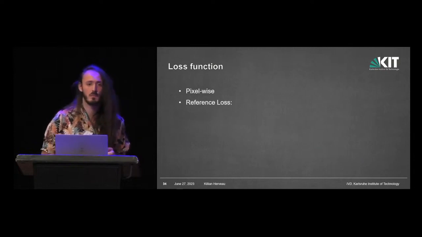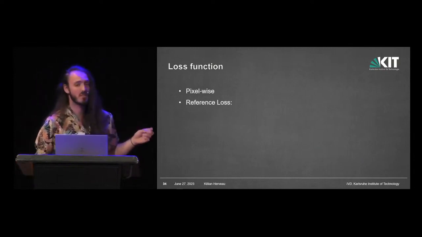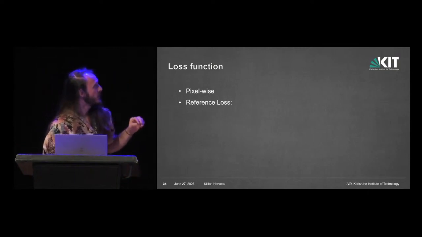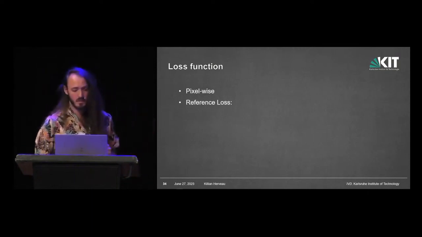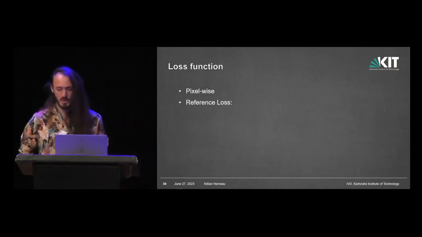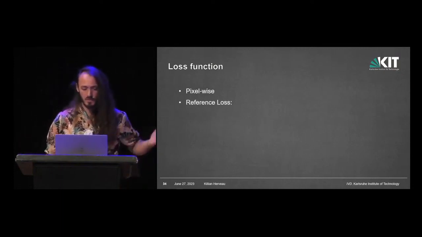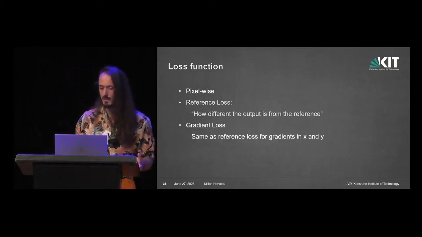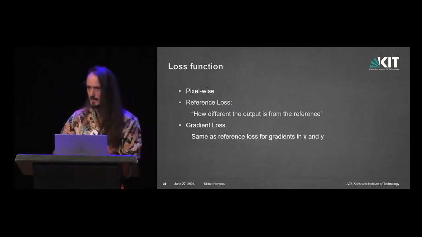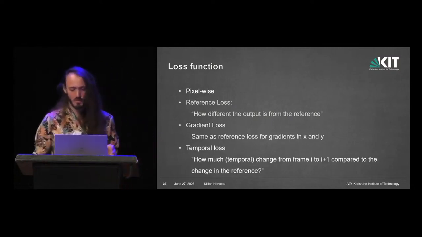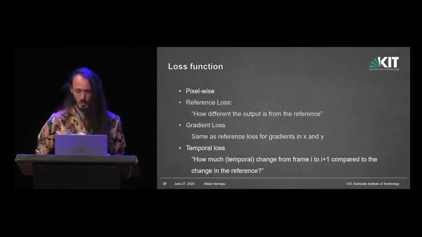And to train, we need an estimate of how well the network performed. This is indicated by losses, and all our losses are pixel-wise, so they work on individual pixels. We have first the reference loss, how different the output is from the reference, the gradient loss, which is the same, but for the gradient in x and y directions, and the temporal loss, which is arguably the most interesting one.